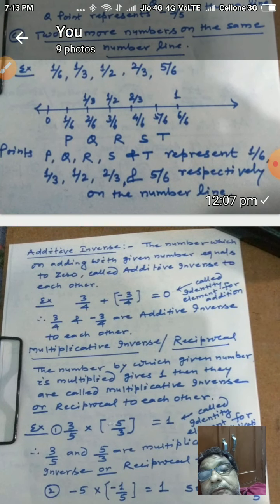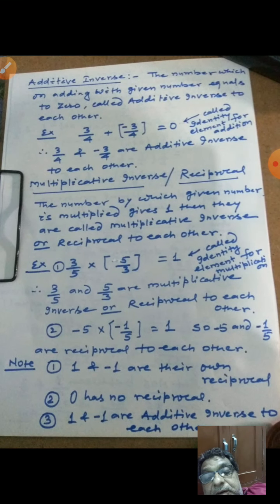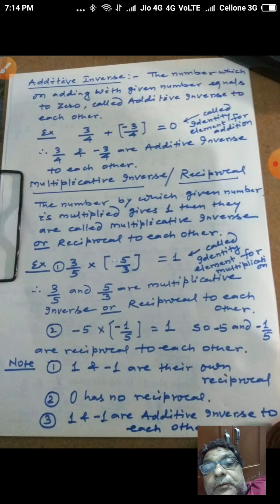Now we come to some terms related to this topic, that is additive inverse. For a given number, the additive inverse is that number which, on adding to the given number, equals 0. Then both of these numbers are said to be additive inverses of each other.